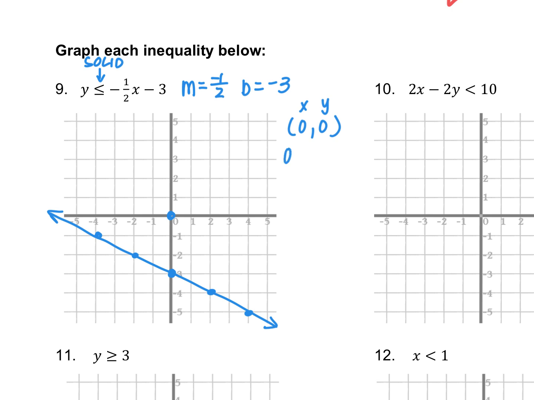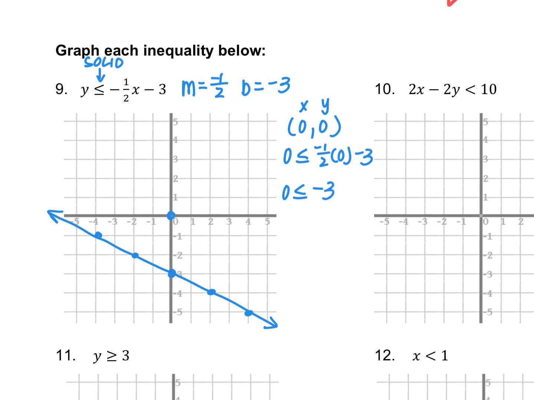So I have 0 is less than or equal to -1/2 times 0 minus 3. You only plug in where the letters are, not in the -1/2. Correct. So on the left, it's just 0 is less than or equal to -1/2 times 0, which is 0, and then 0 minus 3 is negative 3.